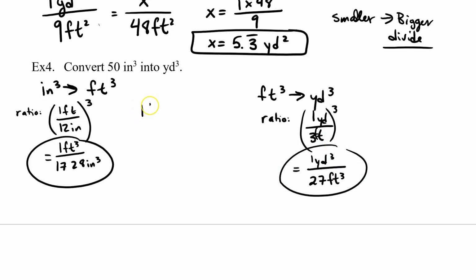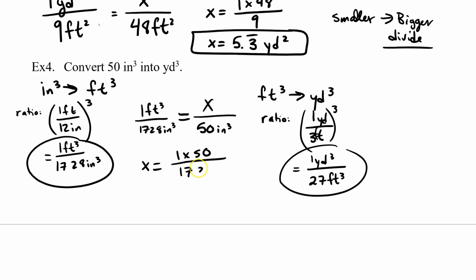So I'm going to say 1 foot cubed over 1728 inches cubed equals, so the inches are on the bottom, so that's where my 50 inches cubed are going to go, over x. So we're going to say x equals 1 times 50 divided by 1728.